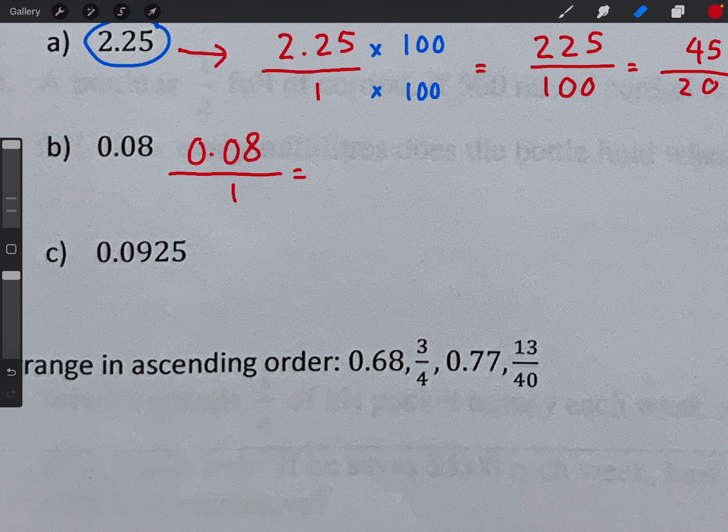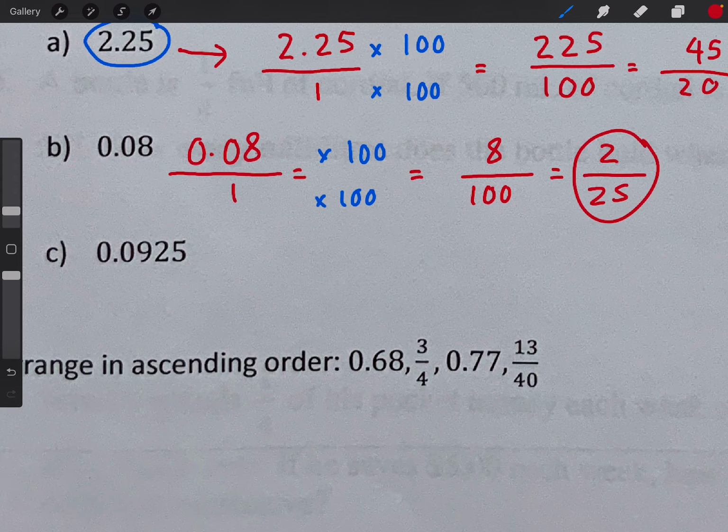So again, we're going to multiply by 100. You can see where I'm going with this. This is going to be 8 over 100. Let's simplify that. Divided by 4, you're going to get 2 over 25, and there's your answer.